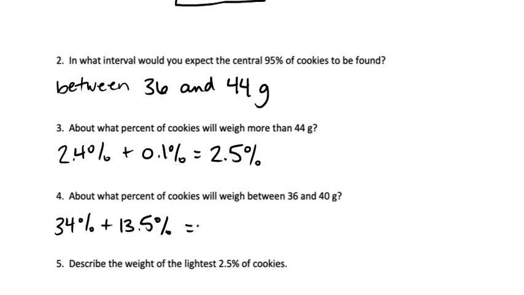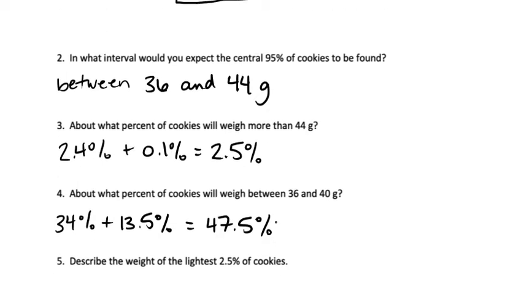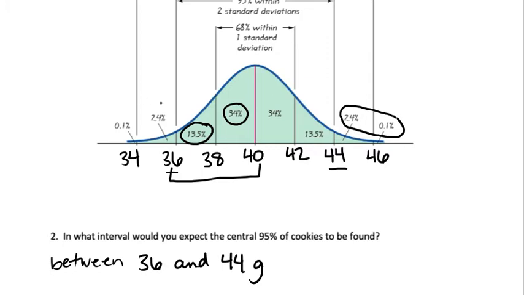If I add those together, that equals 47.5%. And question 5 says to describe the weight of the lightest 2.5% of cookies. Looking at my graph, the lightest 2.5% would be this area right here. And in terms of the weight, that's going to be 36 grams or lighter.